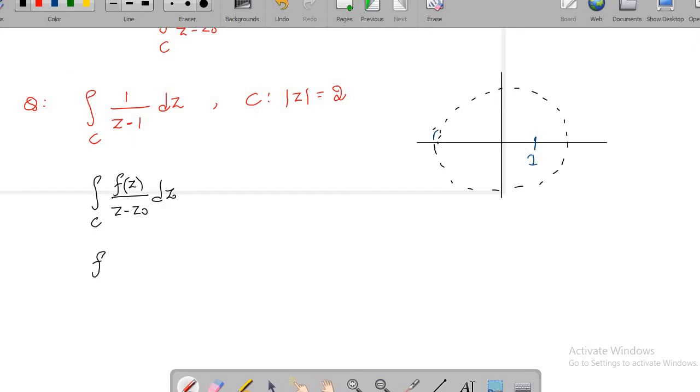Here we know what f of z is. F of z is nothing but 1, whereas z naught is 1. So f of 1 is nothing but 1.